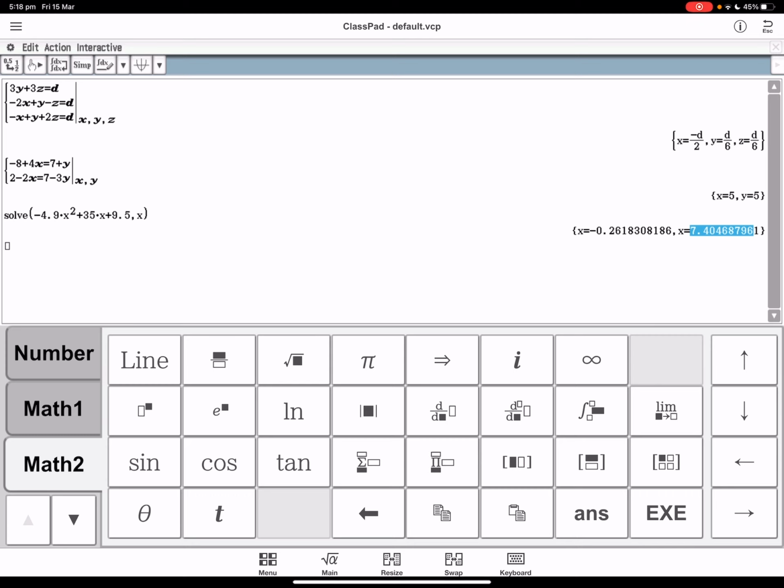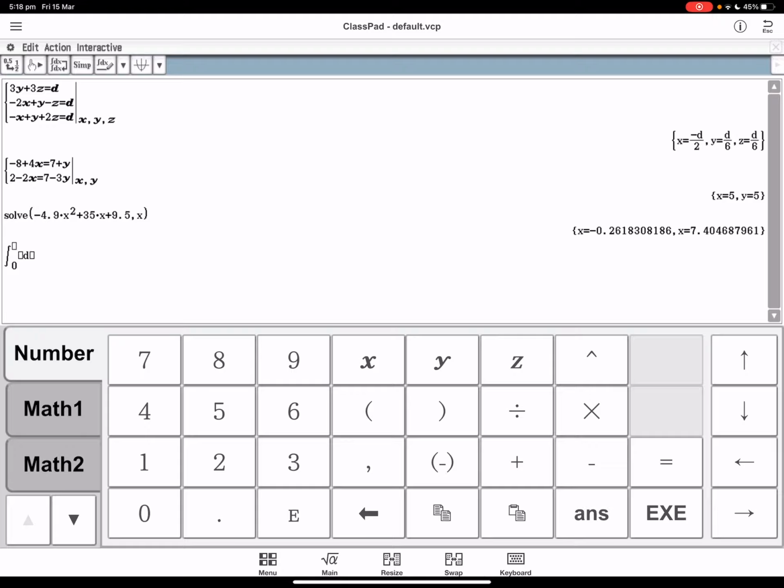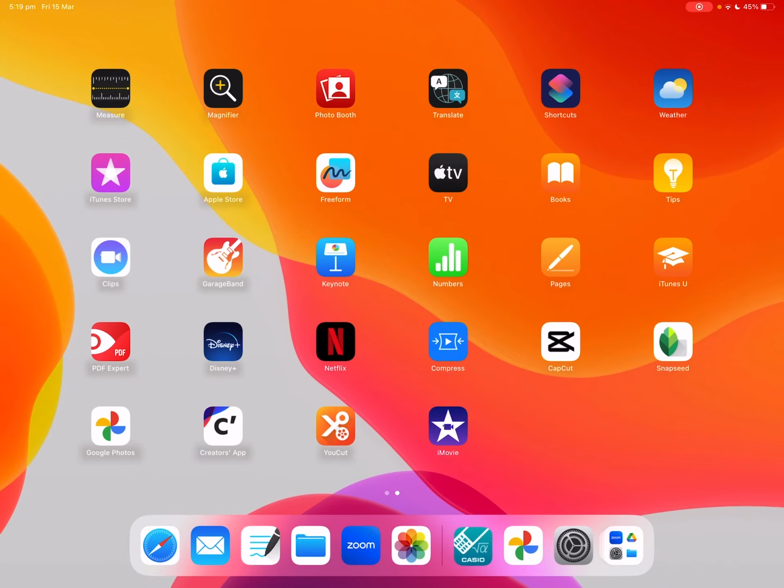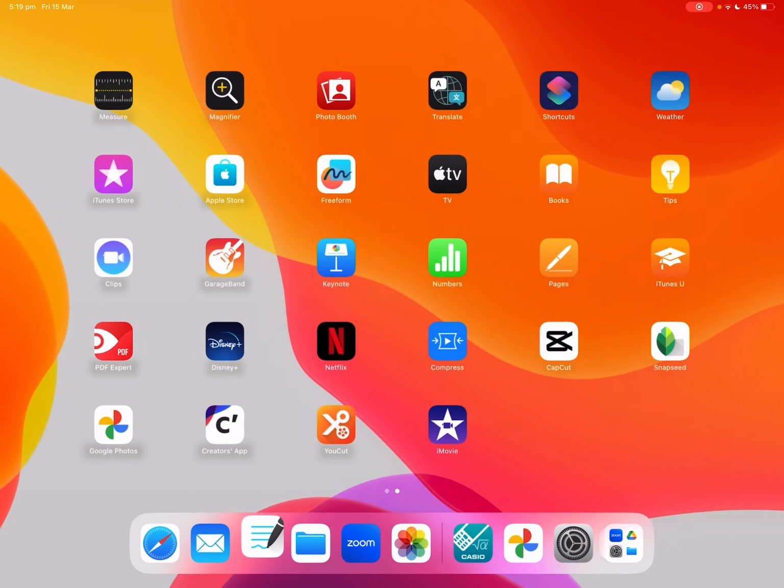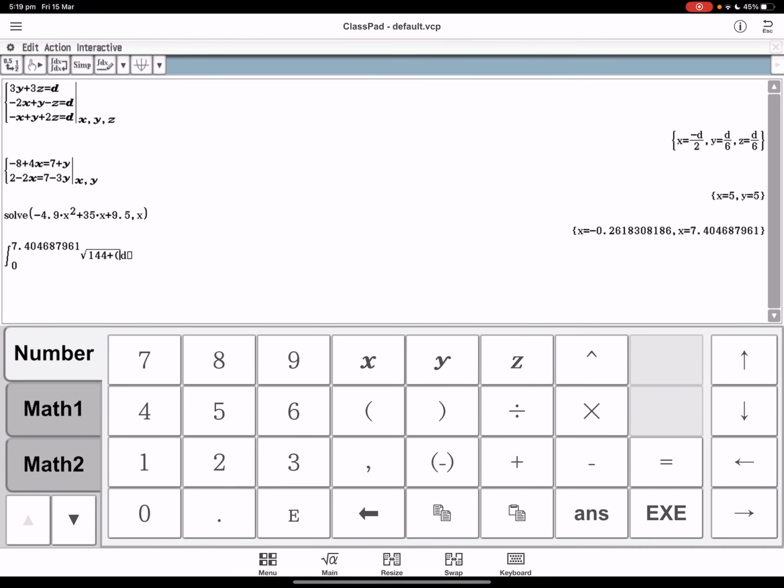We want the integral from 0 to this specific time of the magnitude of the velocity vector, which was the square root of 12 squared, which was 144, plus minus 9.8t plus 35 squared dt.